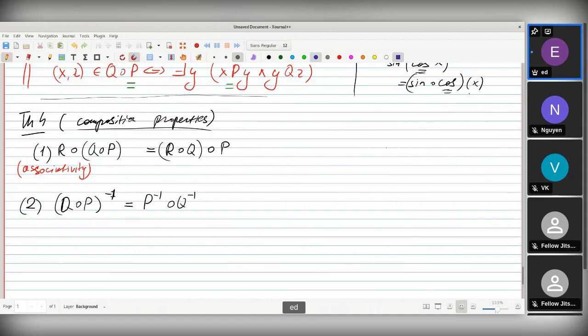Are you familiar with matrices and their transposes? You know that in matrices, if you want to multiply two matrices and then take the transpose, it will be the product of transposes, with the order changed.